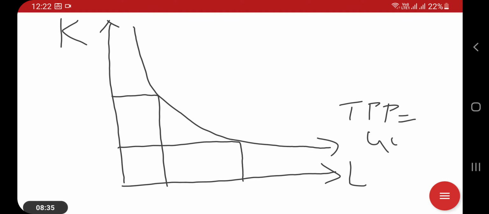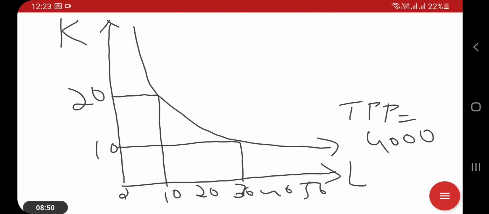Say for example TPP is equal to 4000. On the x-axis you have 0, 10, 20, 30, 40, 50 like that. On the y-axis also you have 10, 20 like that. So in this diagram, the isoquant shows all combinations of labor and capital that can produce a total physical product of 4000.